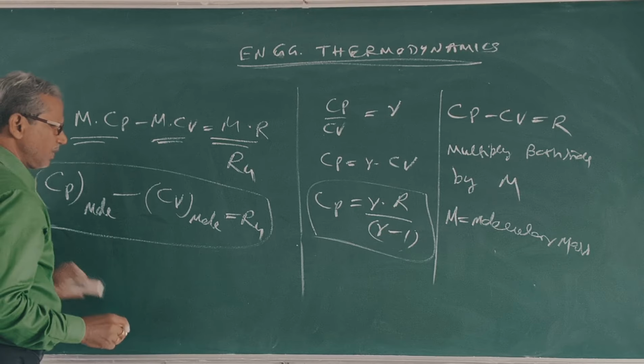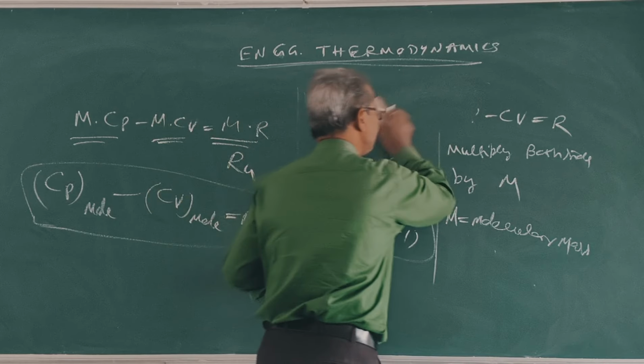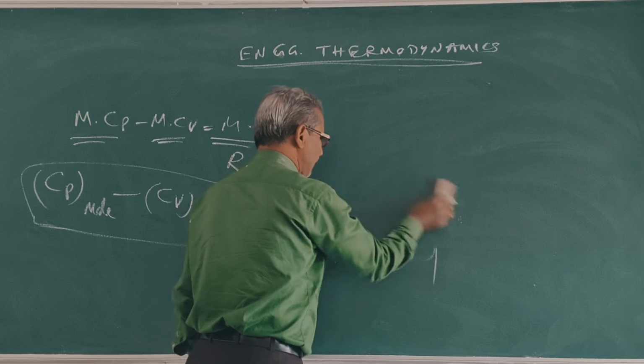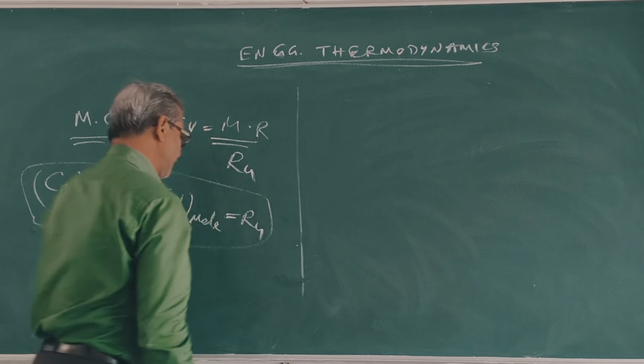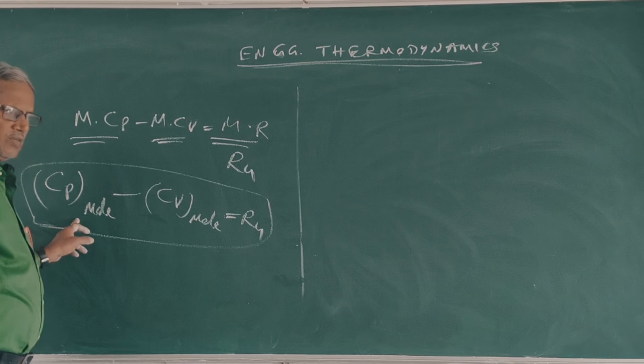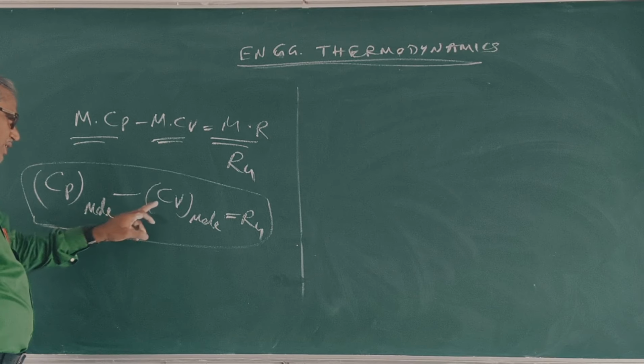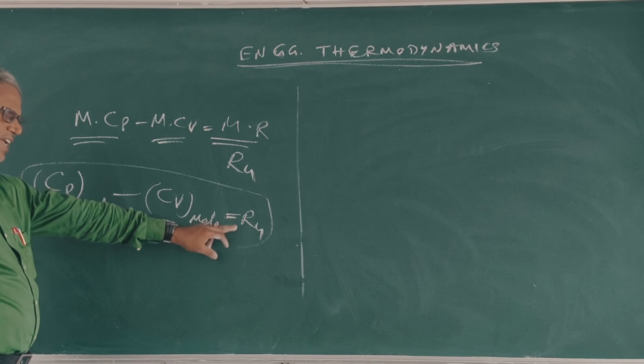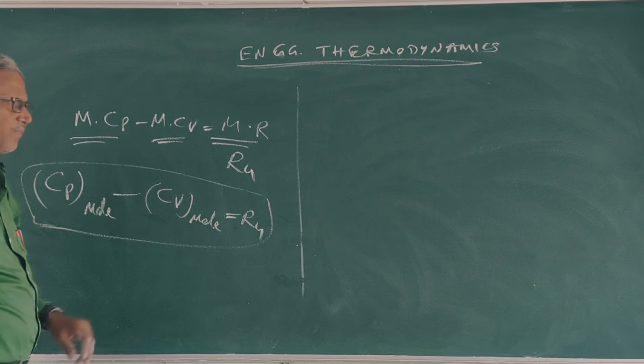Clear? Where Cp mole is molar specific heat at constant pressure, Cv mole is molar specific heat at constant volume, and Ru is the universal gas constant.